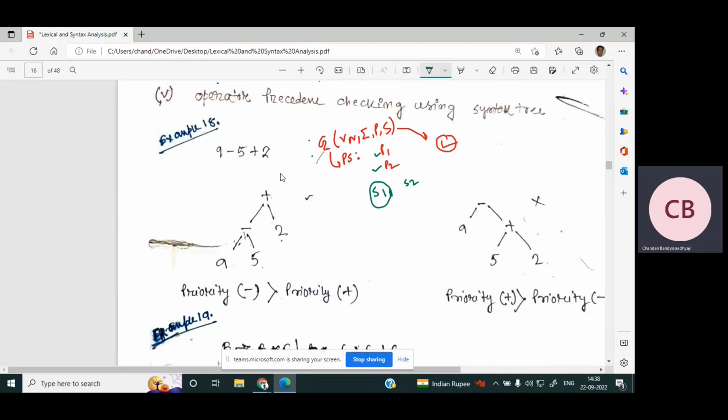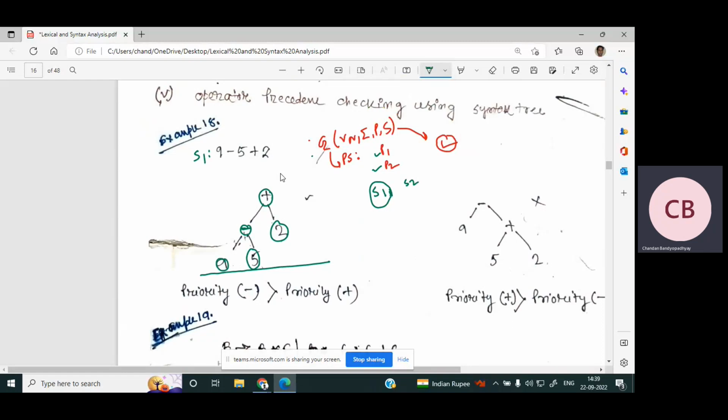Now let my string S1 be 9 minus 5 plus 2. For this string, I can have the tree architecture with plus here, minus, and this is a 2, 9, 5. If I project the nodes perpendicularly over a plane, it will be 9 minus 5 plus 2, so the expression is realized.